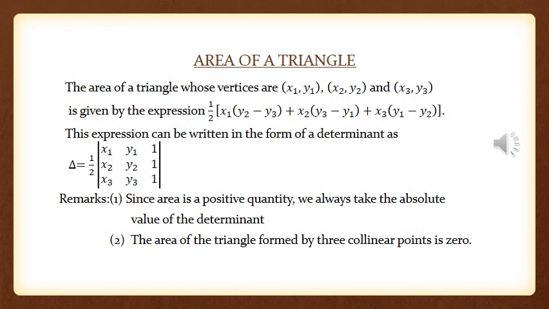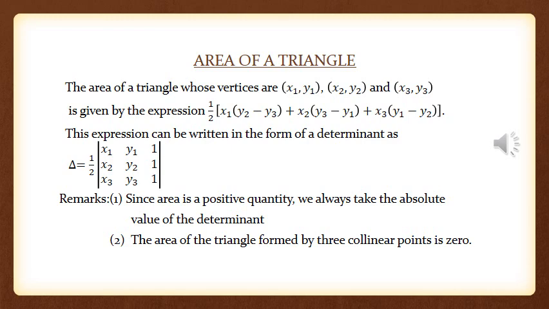And the area of the triangle formed by three collinear points is 0. So using this concept, we can check whether 3 points are collinear or not.